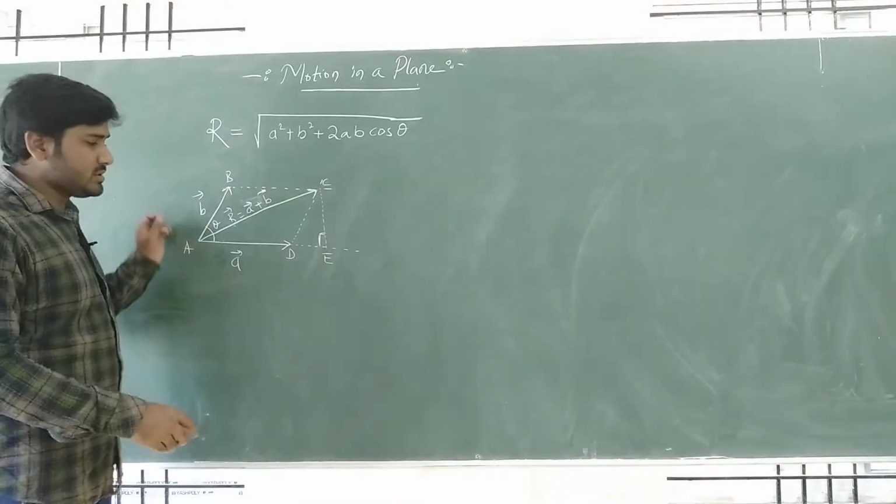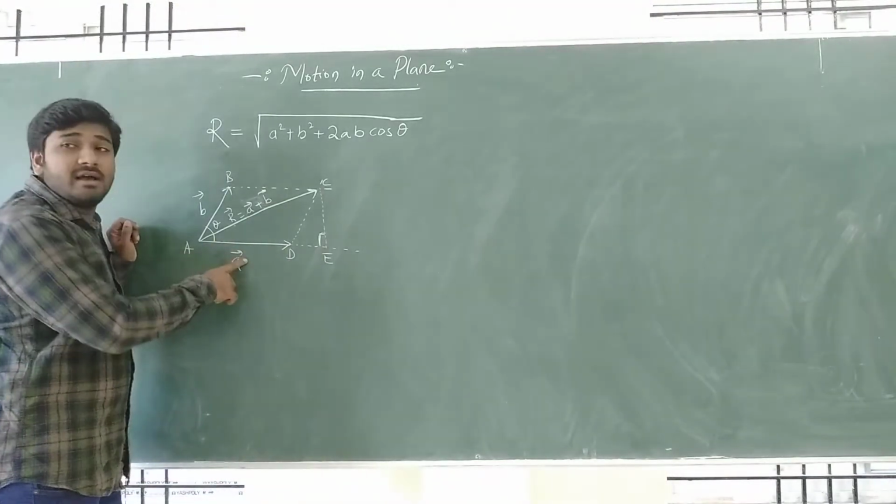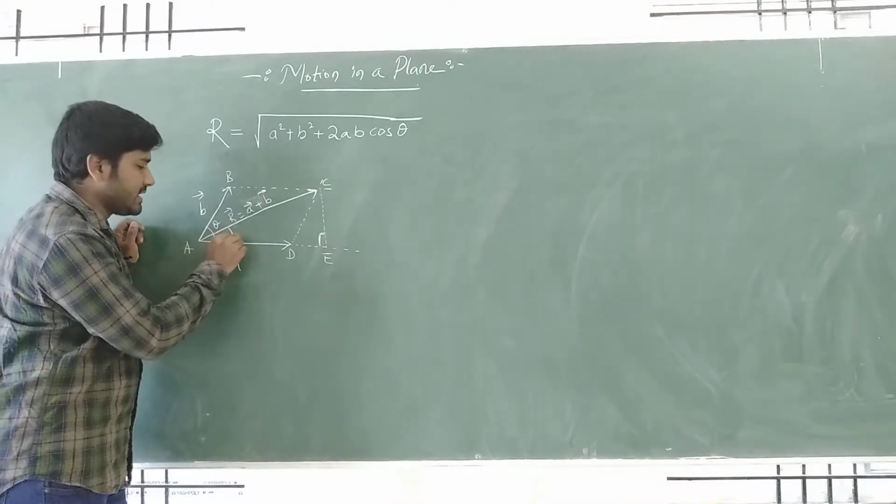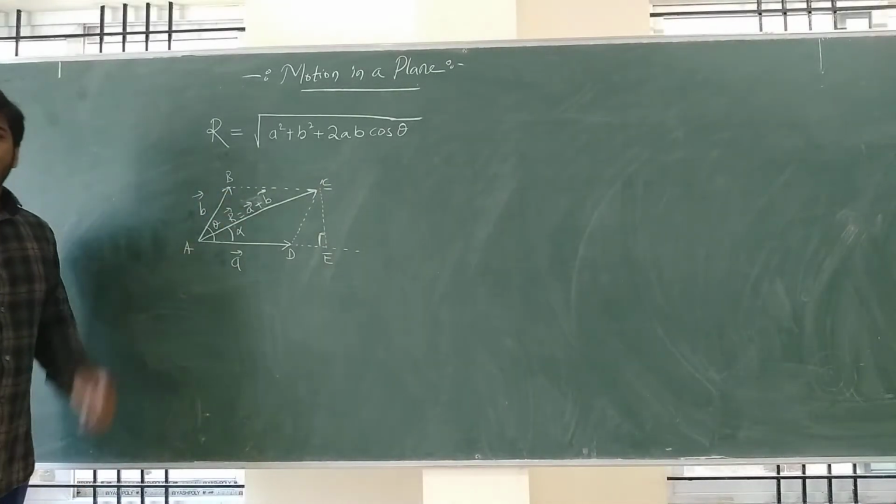And I have said one more thing, that is the angle between vector A and the resultant vector is taken as alpha, correct?